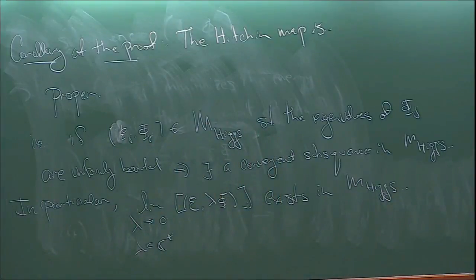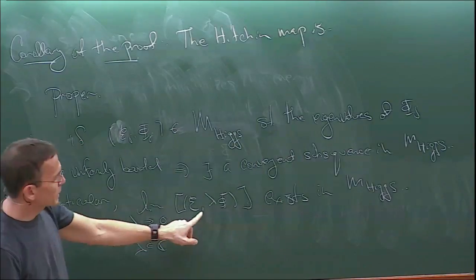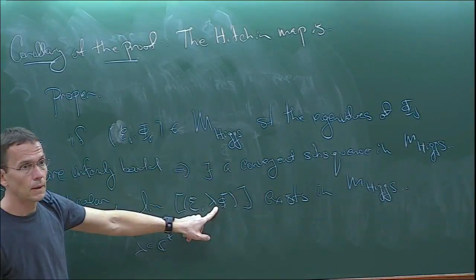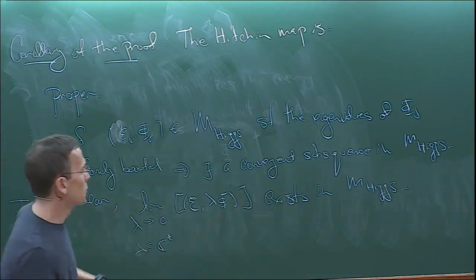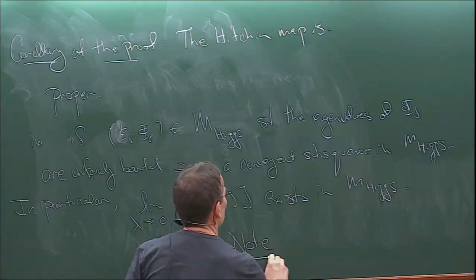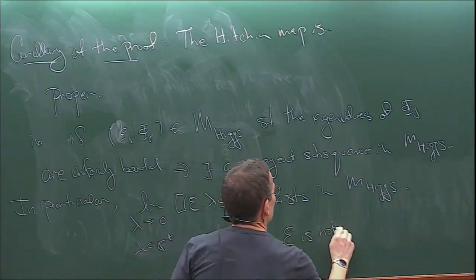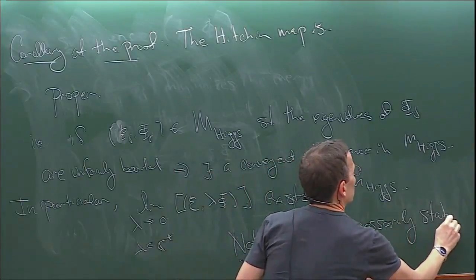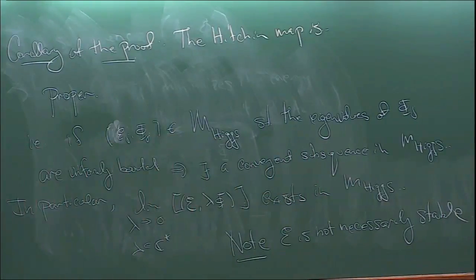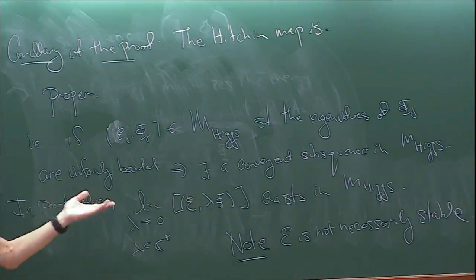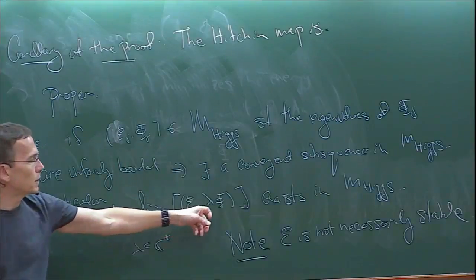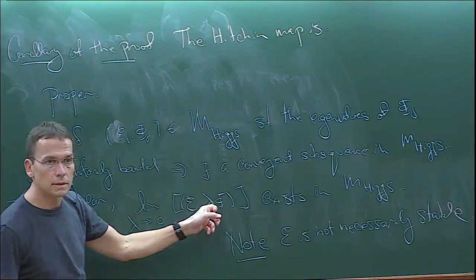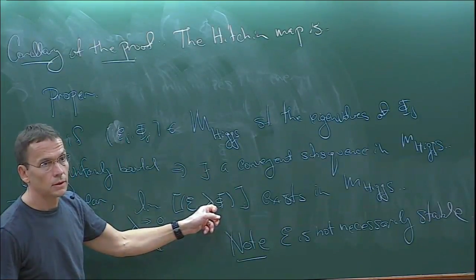And that's very interesting because the limit is not necessarily just the stable bundle with a trivial Higgs field, since E is not necessarily stable. So we're converging to some other Higgs bundle with a non-trivial Higgs field, but up to isomorphism, there must be an isomorphism that undoes this lambda action on the limit.